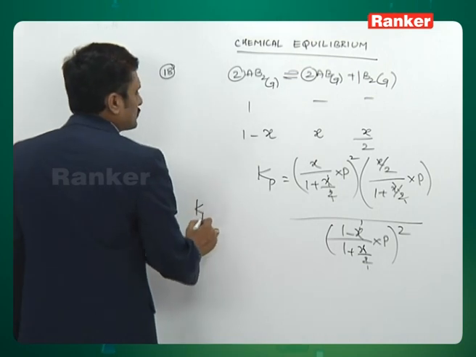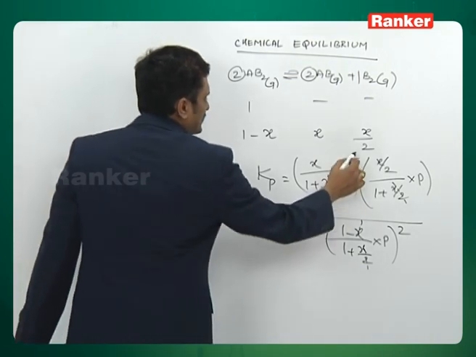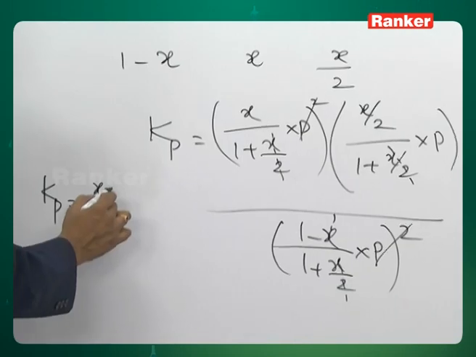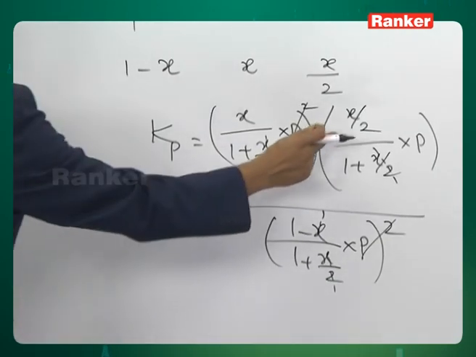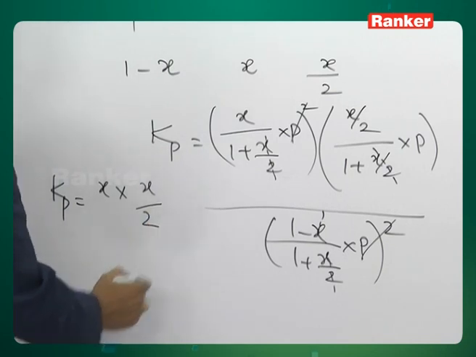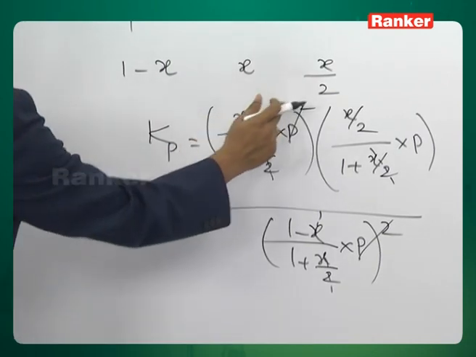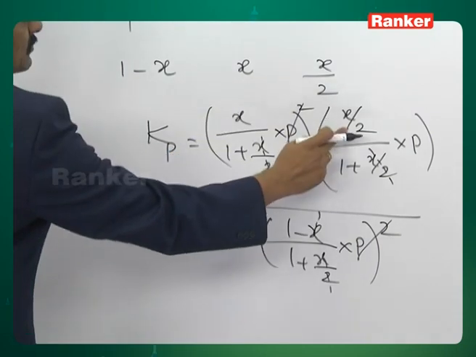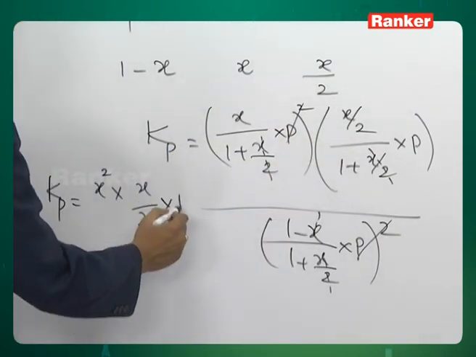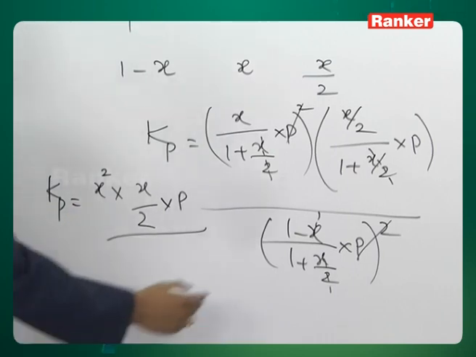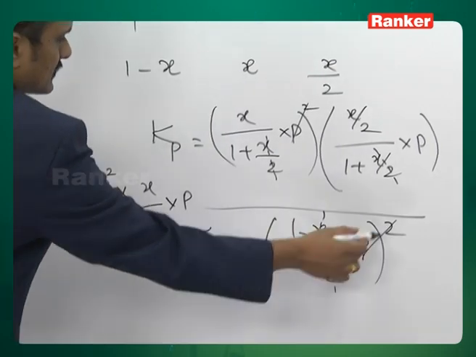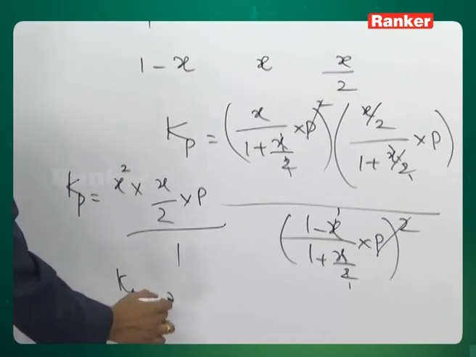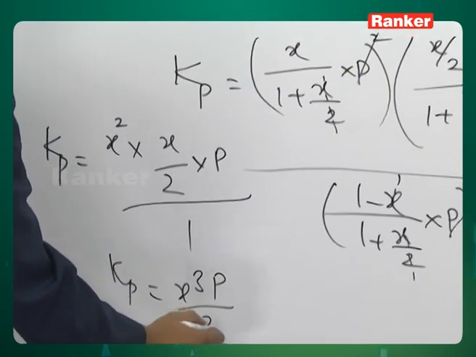I am getting Kp is equal to, here P square getting cancelled, Kp will be equal to x square into x by 2 into P, and here the square of x is remaining, and P square got cancelled for that. So therefore you are getting Kp as x cube P upon 2.